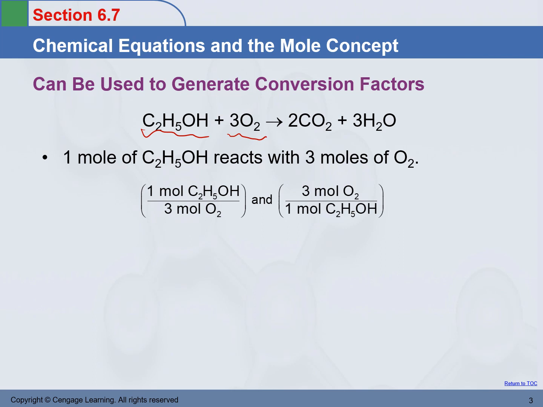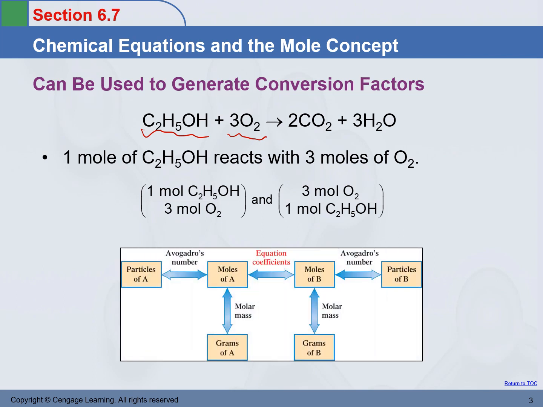All right, now with this flow chart, can you visualize that given information of any one substance in the reaction, you can calculate the information of any other one in the reaction?